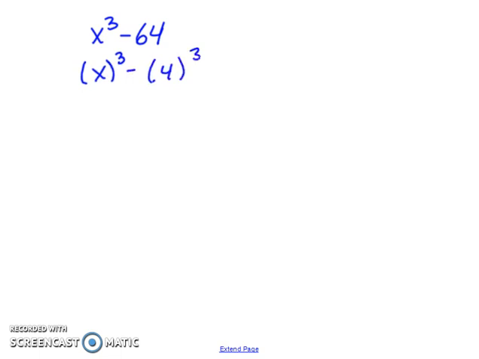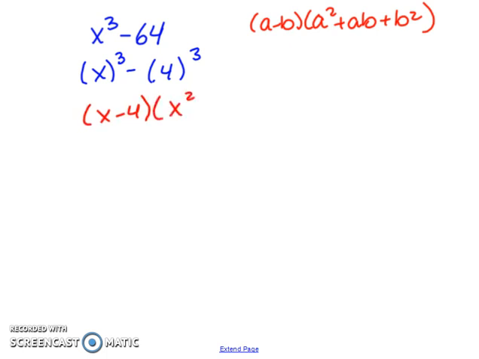And then we're going to plug it into the difference of cubes formula. So remember, difference of cubes is this. Instead of a and b, we're using x and 4. So we're going to have x minus 4 times x squared plus 4x plus 16.